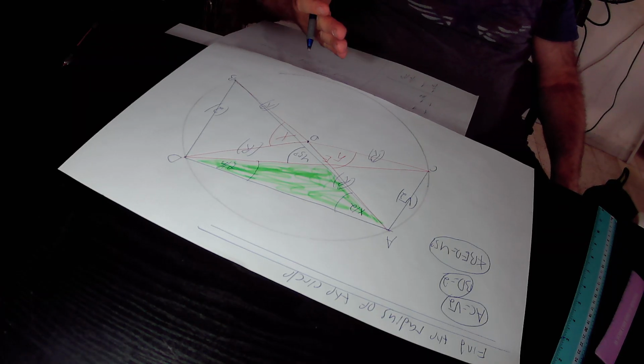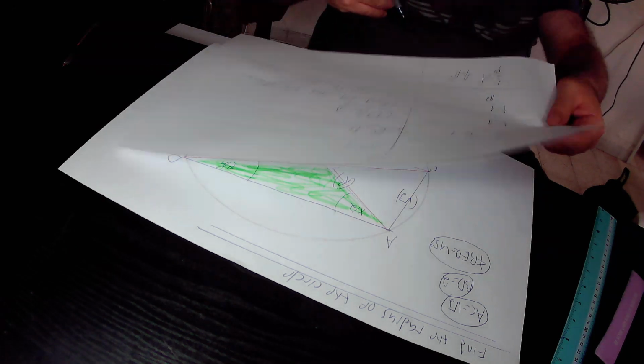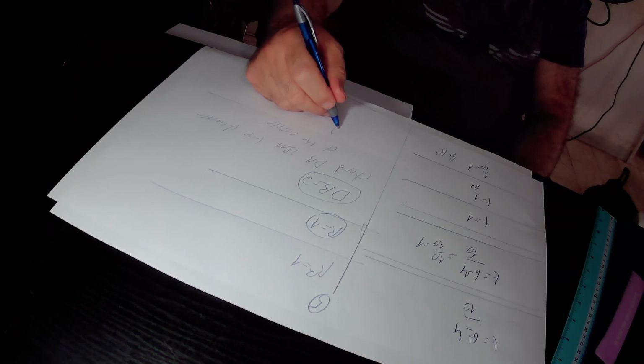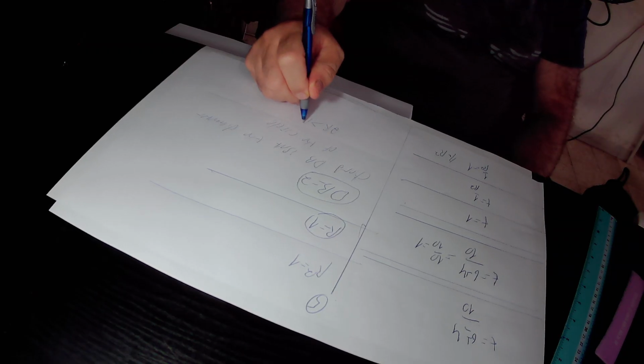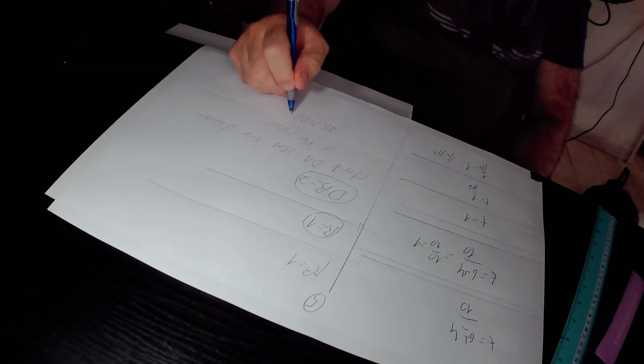The diameter of our circle is 2r. So the diameter of our circle, that is 2r, must be greater than DB, which is not the diameter of the circle. DB is 2.